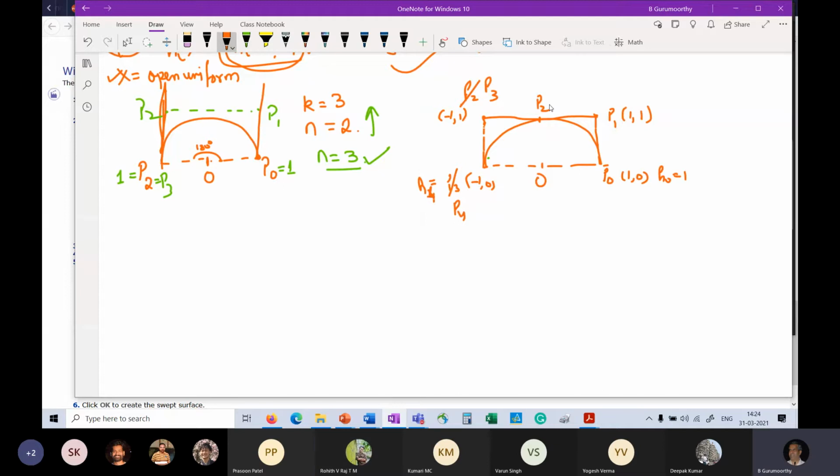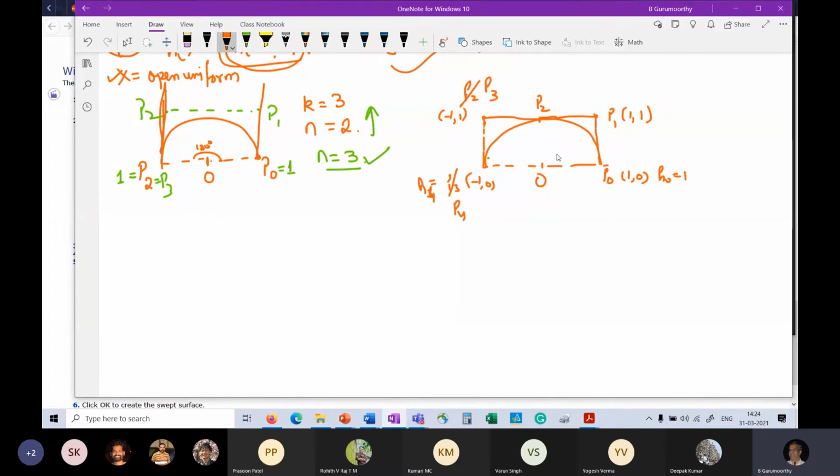Now, what does P0, P1, P2 give you? What does it remind you of? It's the same configuration as you saw in the earlier example that we did, right? A quadrant of a circle subtending 90 degrees.